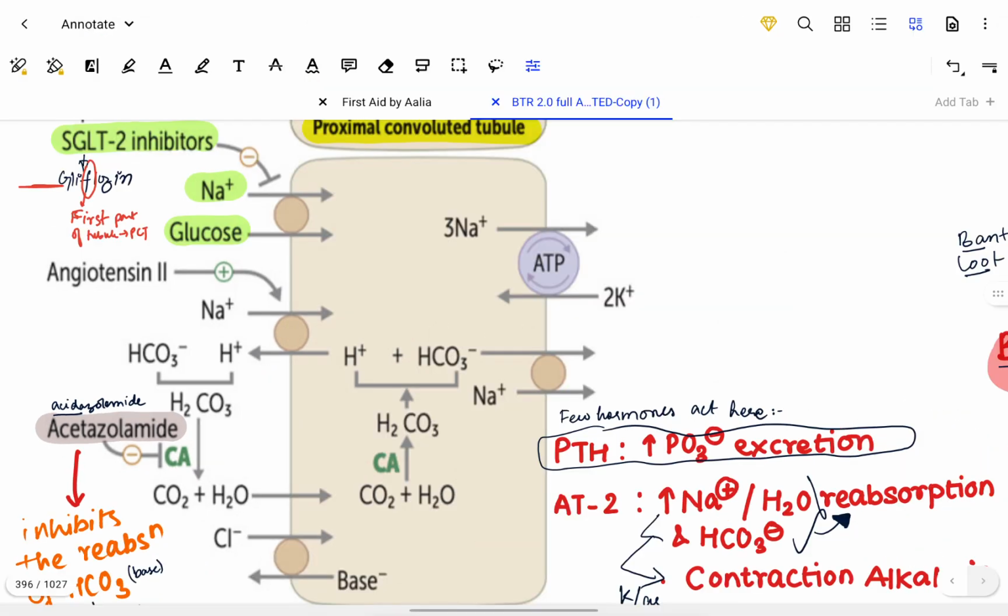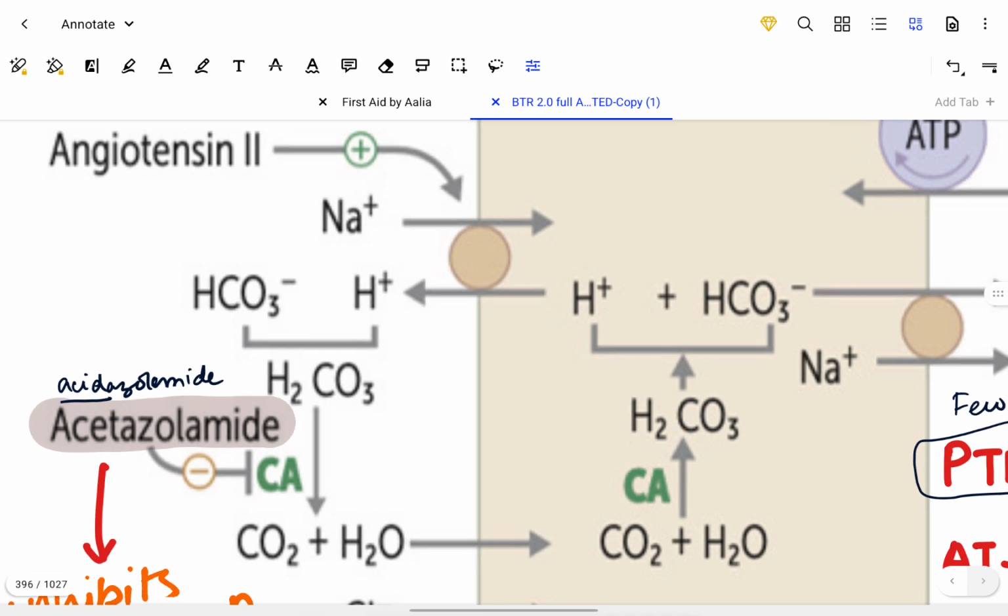If you remember, angiotensin is causing an increase in BP. How will it cause that? By reabsorption of sodium. One of the methods is reabsorption of sodium, so water will follow it and it will increase BP. So it increases sodium reabsorption and it excretes H plus.